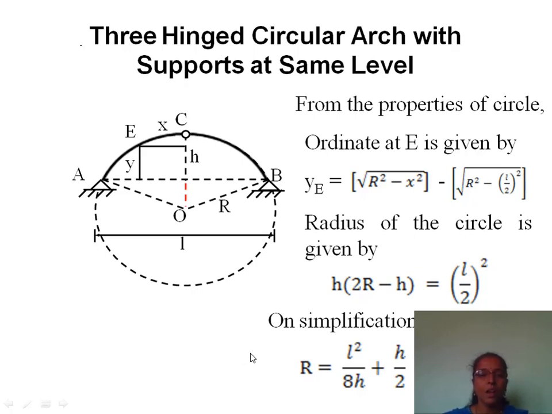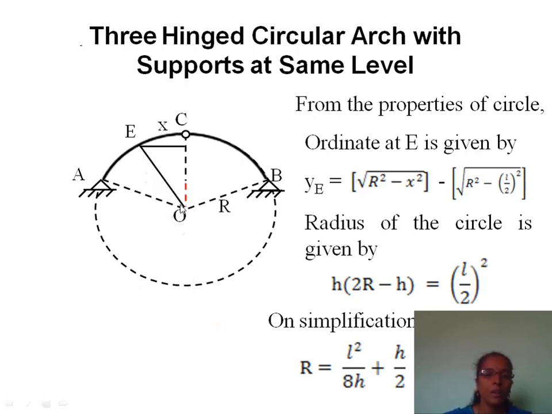Let us consider this as also the radius. Let this point E make an angle theta with the center line of the circle. From this triangle, sine theta is opposite by hypotenuse.